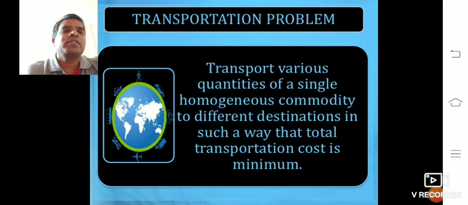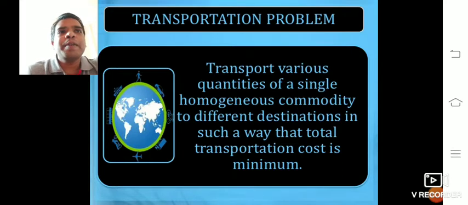As you know, the transportation model is one of the operational research techniques that is used to reduce the transportation cost. That means while transporting the quantities from one source to another destination, whatever the transportation cost may be, that transportation cost is going to be reduced.